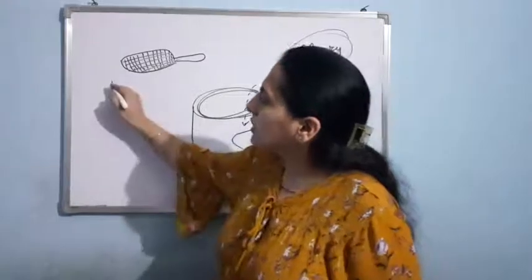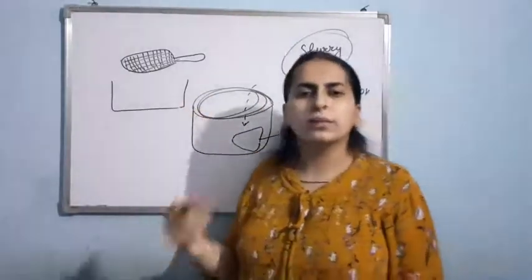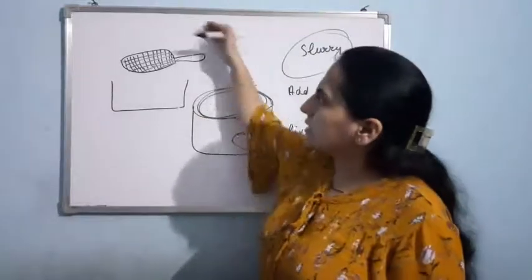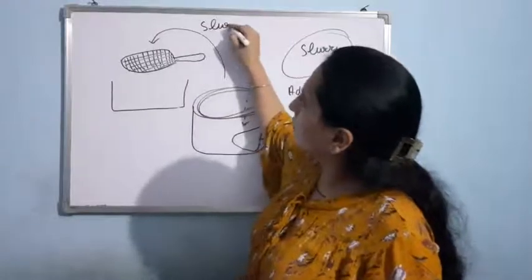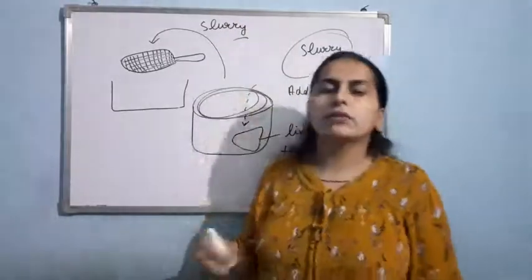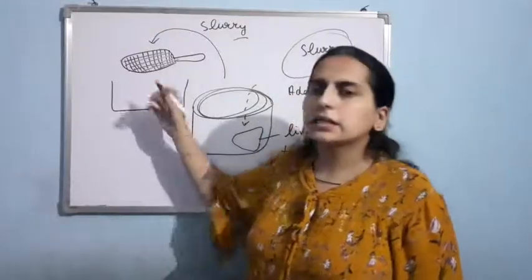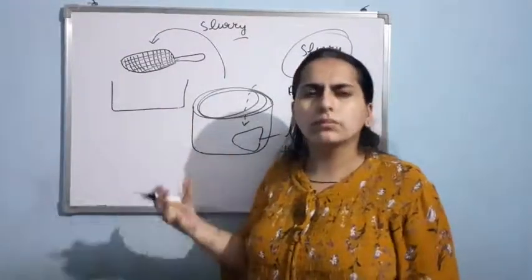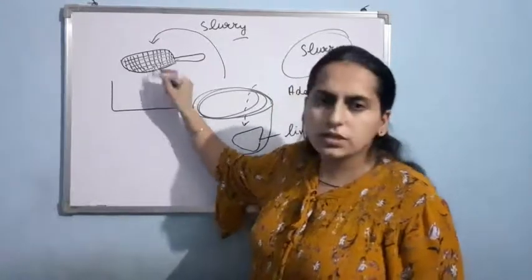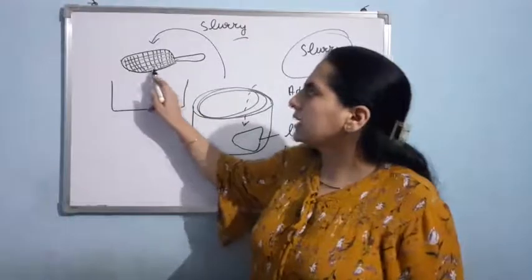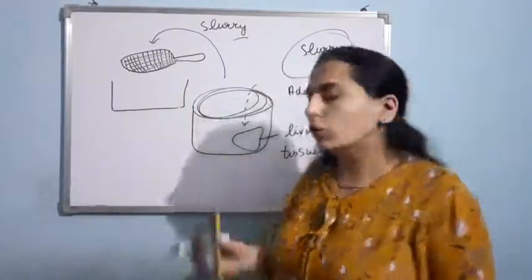Now, below this we should place any kind of container or any kind of beaker. Now just pass the slurry over this. Now what will happen? What happened when you filter something? The compounds that are having the size smaller than the pores, they will come down, and the substances that are having the size more than these pores, they will be retained on the sieve only, right?